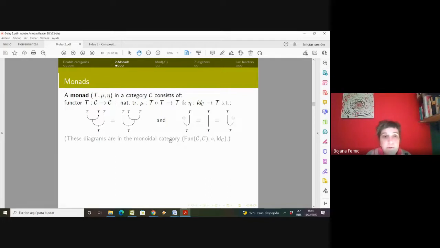First let me tell you that these diagrams now are considered in the monoidal category of endofunctors on C. The monoidal structure is given by the composition of these functors, and the unit by the identity functor.